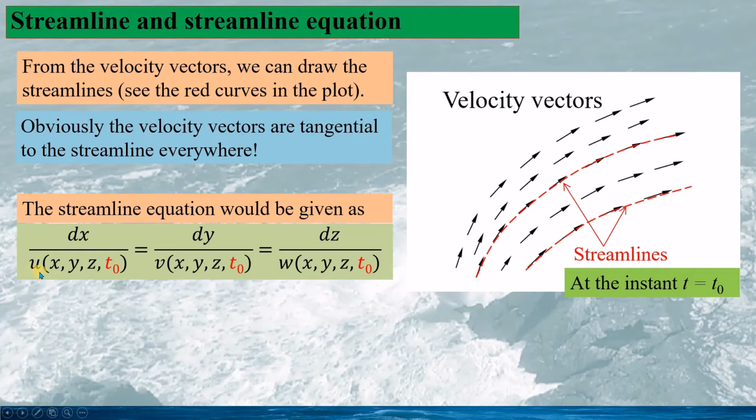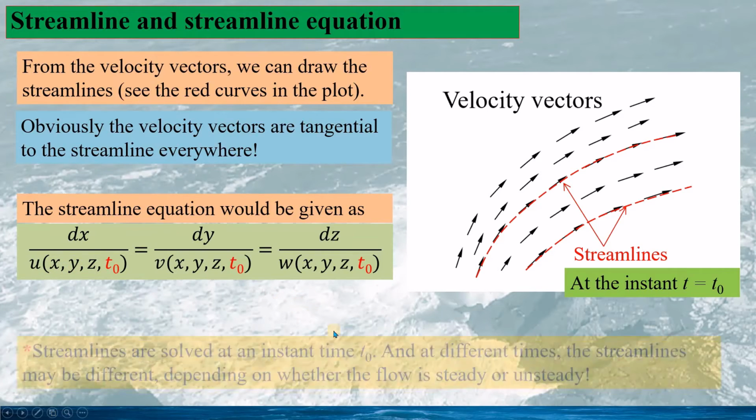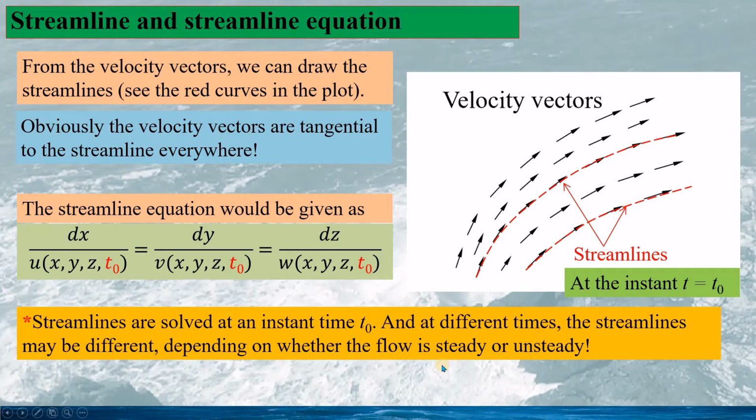The velocity components are given at the time instant t0, but depend on the spatial variables x, y, and z. Therefore, streamlines are observed at an instant time t0, and at a different time the streamlines might be different, depending on whether the flow is steady or unsteady.